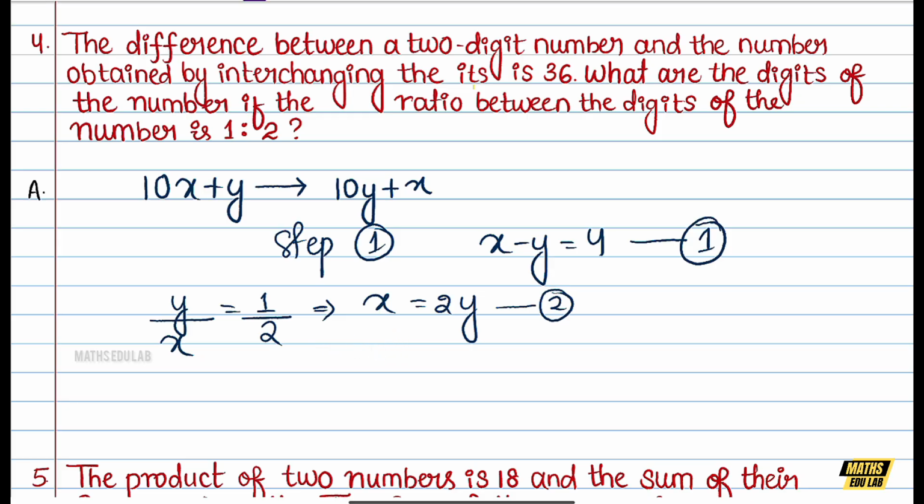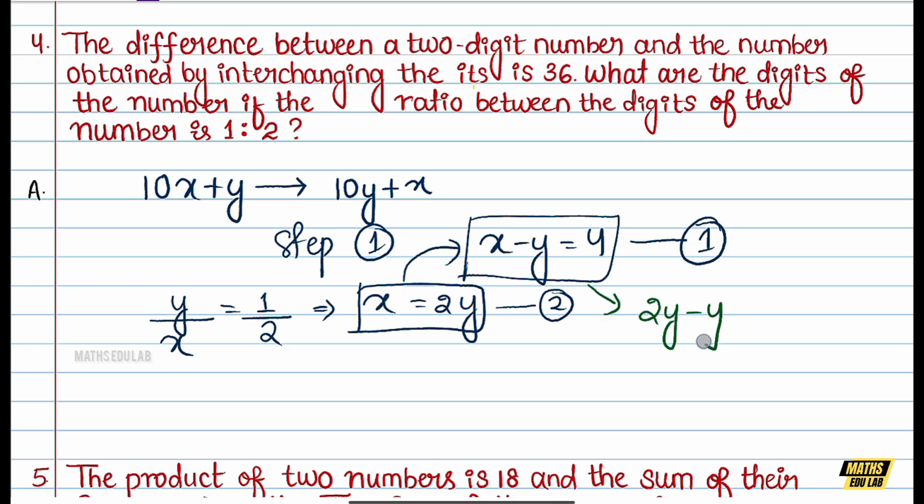Now we will substitute x is equal to 2y from equation 2 into equation 1. That means here we will substitute the value of x, which we got here as 2y. So we get 2y minus y is equal to 4.